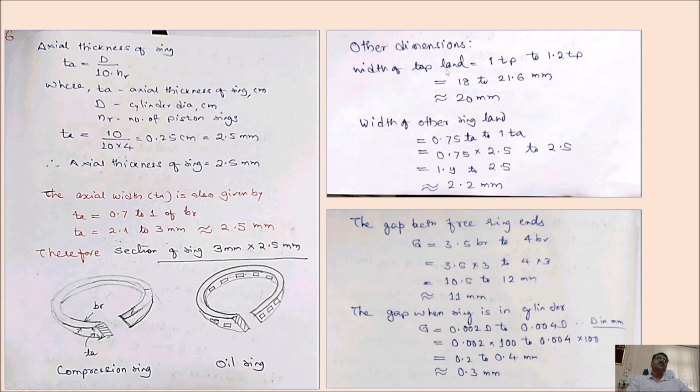Then this is the width of top land. Width of top land is given as 1 TP to 1.2 TP. So TP is 18, so it is 18 to 21.6 millimeter. It is considered as 20 millimeter.